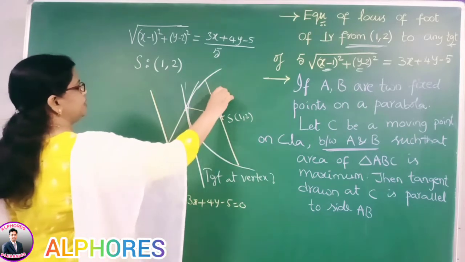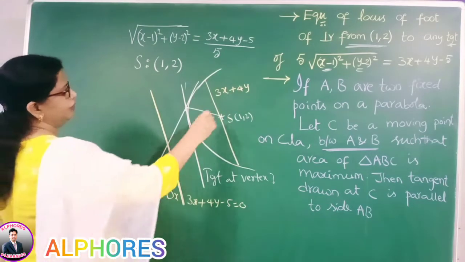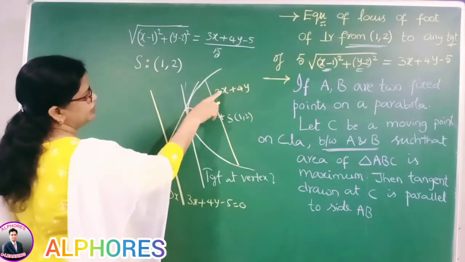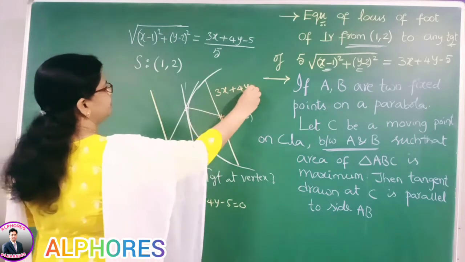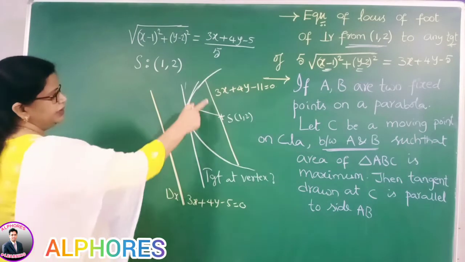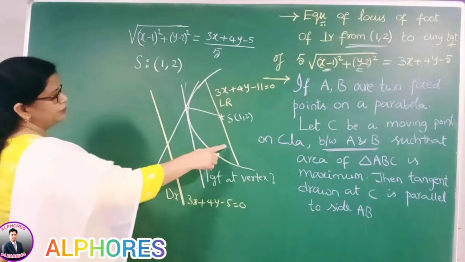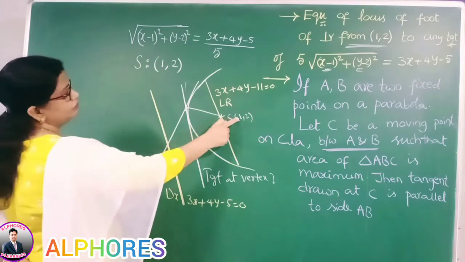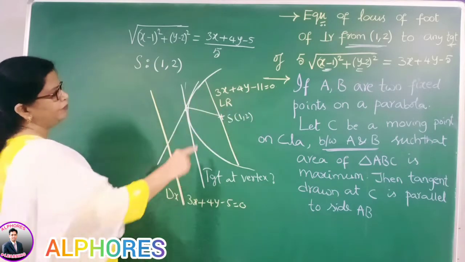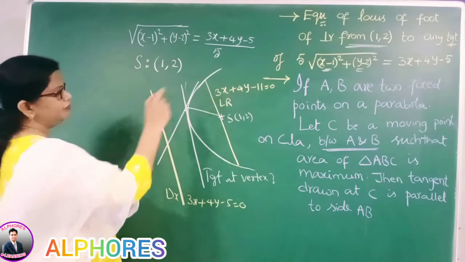Therefore this equation is 3x plus 4y plus k equal to 0. And what about that k here? It is 3 plus 8, 11. Therefore it is minus 11 equal to 0. Therefore the equation of the latus rectum we got, parallel to the directrix and passing through the point (1, 2), is 3x plus 4y minus 11 equal to 0.